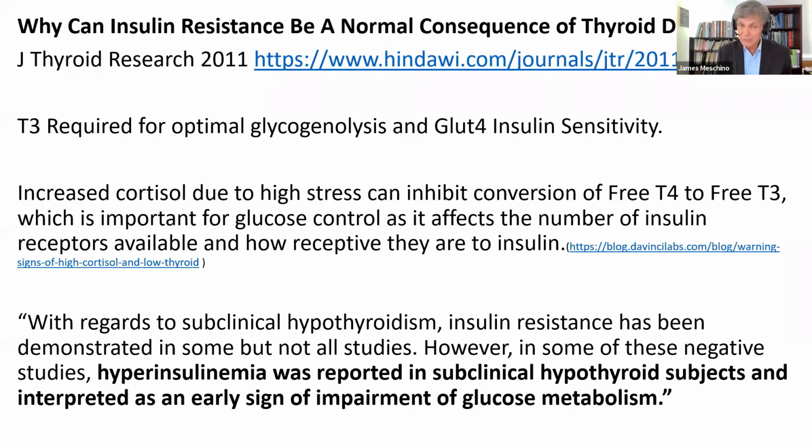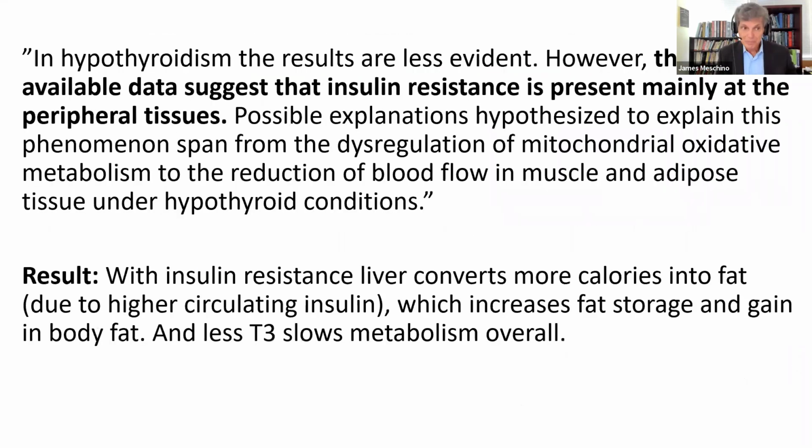So it seems that when you start to get into low-grade thyroid dysfunction or subclinical hypothyroidism, a TSH between 2 and 5.5, you're also going to impair normal glucose metabolism and have some hyperinsulinemia, which converts more carbohydrates into fat and helps to increase weight gain and give you some decreased glucose regulation.